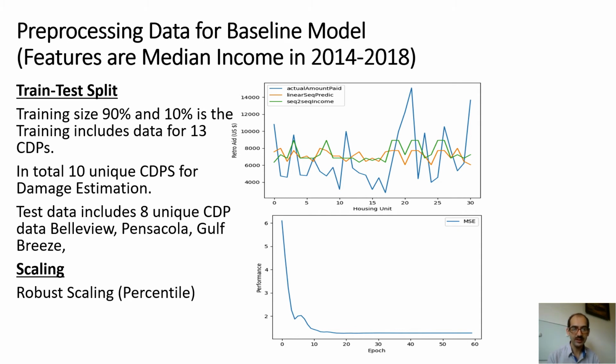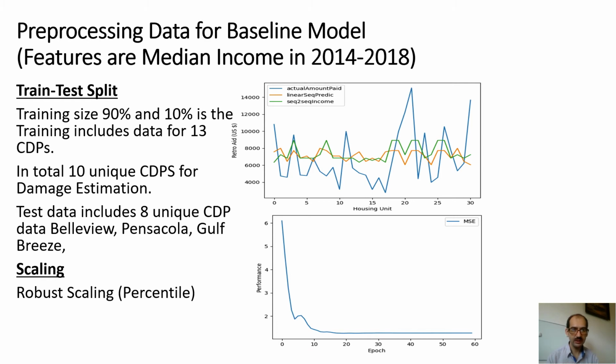For four of them, the CDP was encoded as Pensacola, which is different than the actual zip codes. Some of the regions are called Bellevue, Pensacola, Gulf Breeze, and so on.